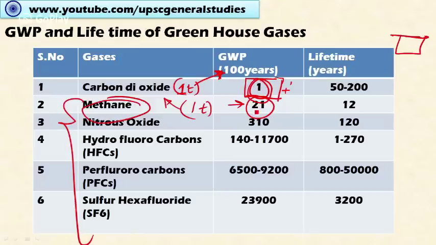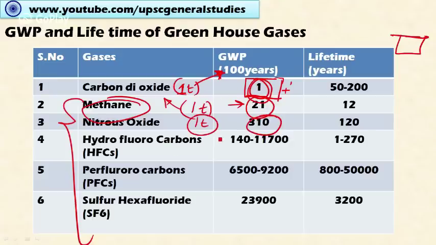Nitrous oxide is more: 1 ton of nitrous oxide released into the atmosphere causes 310 times more global warming when compared to 1 ton of carbon dioxide.